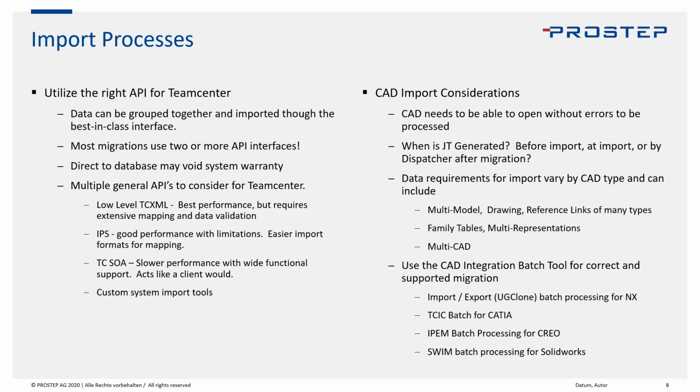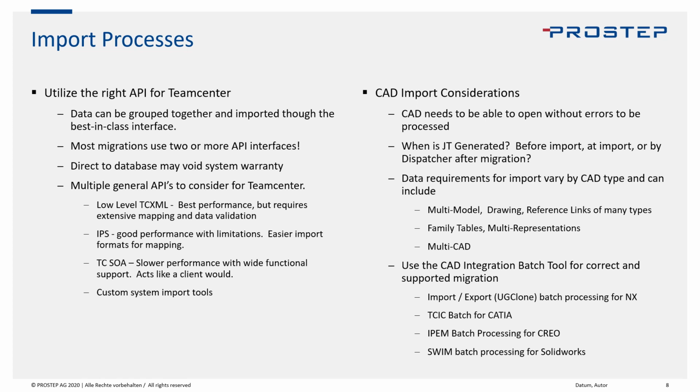The third one is TC-SOA, and this is effectively a batch tool that would use the same type of client functionality in order to process data. This is used largely in integrations. So we've got a Teamcenter TC-SOA connector that is utilized there, and it has wide functional support.